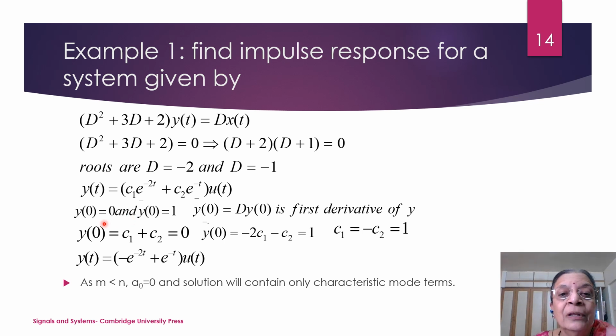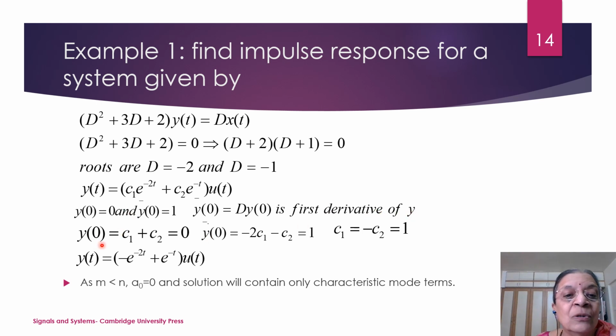Now we are given the initial conditions y(0) equal to 0 and y-bar(0), which is the differentiation, equal to 1. So y dash(0) is equal to D times y(0), which is the first derivative of y, as I told you.